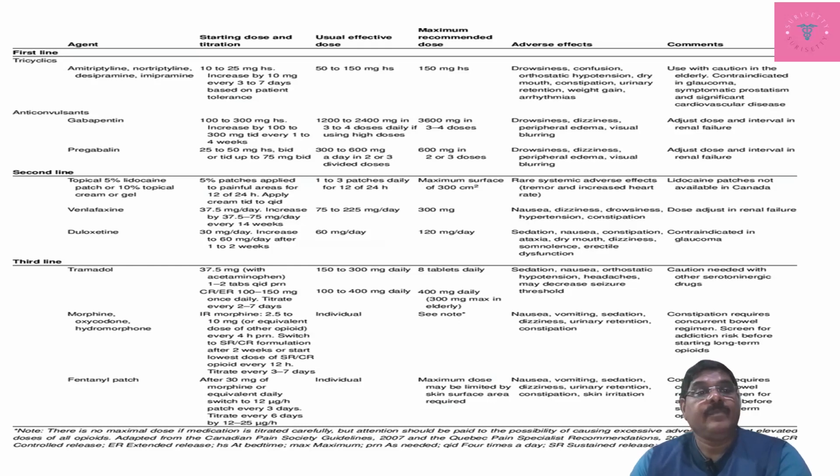For example, the tricyclics cause drowsiness, confusion, and dry mouth, so you have to tell the patient to take more water. The anticonvulsants cause weight gain and peripheral edema. So we should be very cautious when prescribing drugs, in terms of adverse effects.